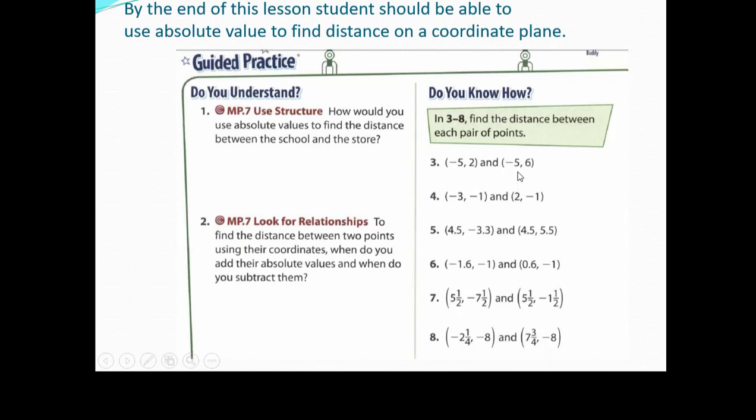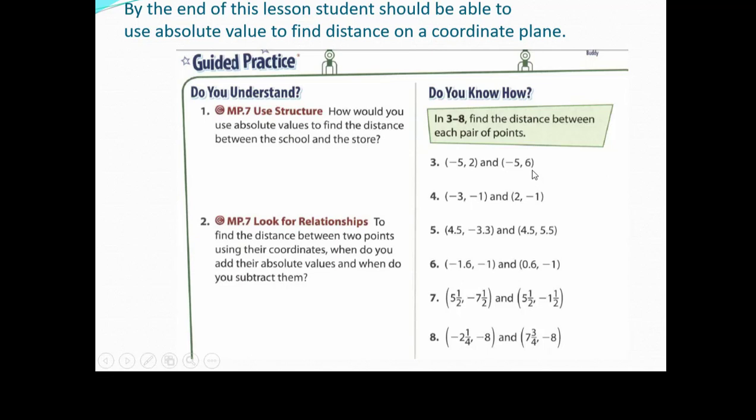Because they have the same x coordinates, I use the y coordinates: the absolute value of 2 and the absolute value of 6, because the y coordinate shows us the distance from the x-axis. So this is up from the x-axis, and this is up from the x-axis. So both are above the x-axis.